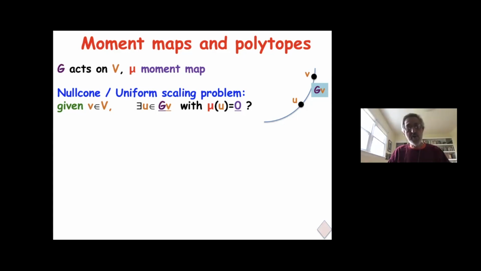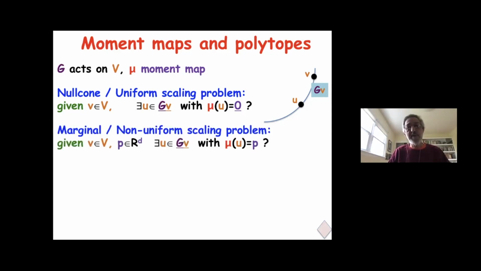The non-uniform version is the marginals problem, which I mentioned before. You want to scale not to the uniform marginals, but to other marginals that are also given to you. So I'll give you V, and also give you what the marginals should be. For example, different row and column sums in matrix scaling.